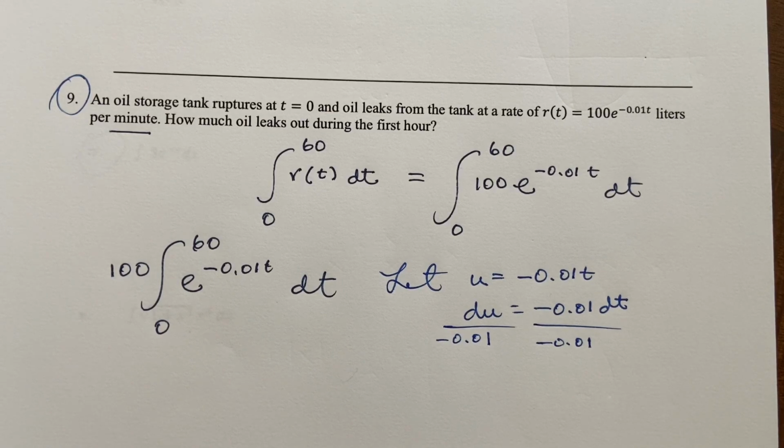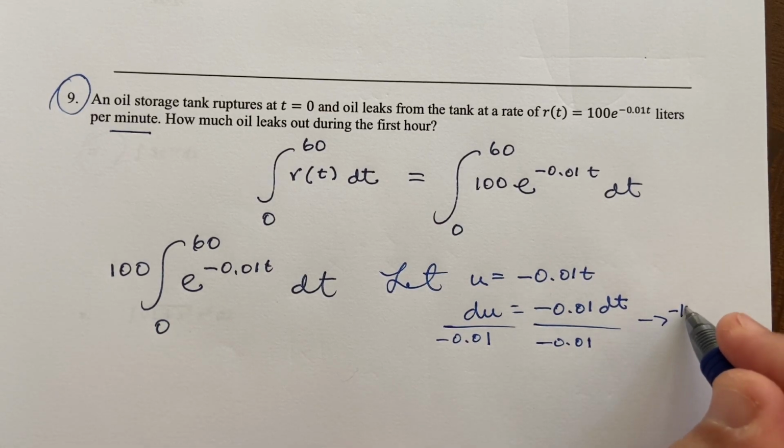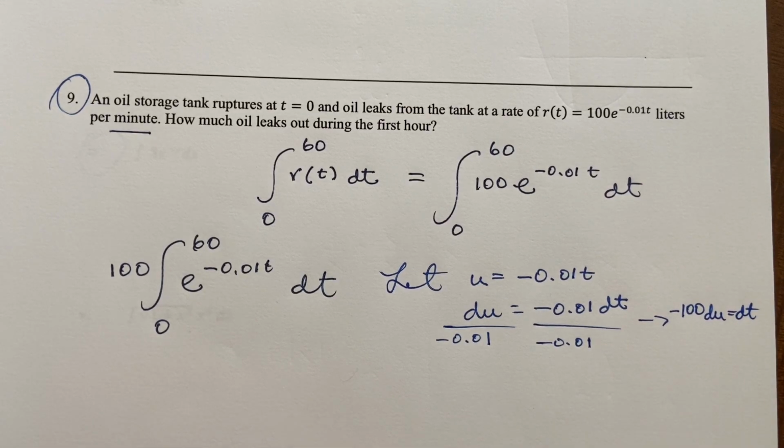What you'll find if you divide 1 by negative 0.01 is you'll get negative 100 du equals dt. All right, so that'll be my substitution for dt.